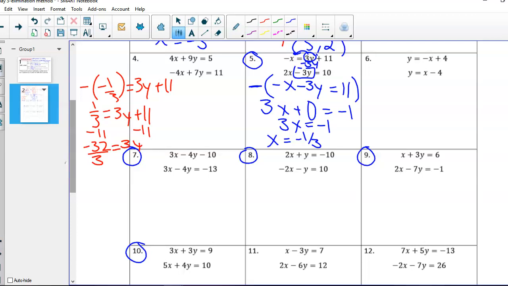So this one's going to have really weird fractions. That's why I want to do this one. We're going to divide both sides by 3. But when we do that, your calculator is really just multiplying this by 1/3. In your calculator, just do negative 32/3 divided by 3, but make sure it's in fraction form.